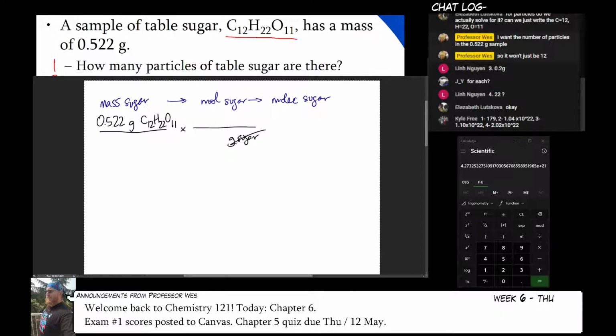I'm just going to write sugar because writing out the whole formula is kind of silly. All right, how many grams are in a mole of sugar? Well, according to Lentech, the molar mass of this, C12H22O11, is 342.30.